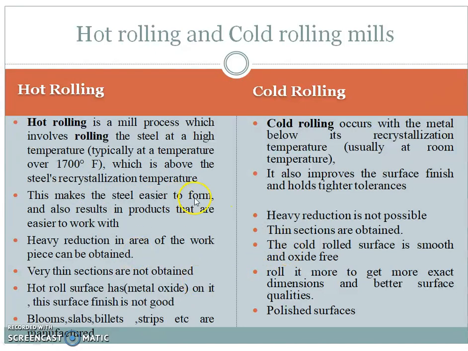This makes the steel easier to form and also results in products that are easier to work, with heavy reduction in the area of the work. Heavy reduction in size will take place, directly from ore to billets or ore to bloom.